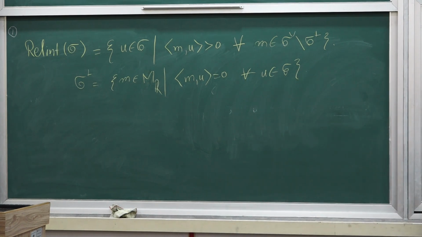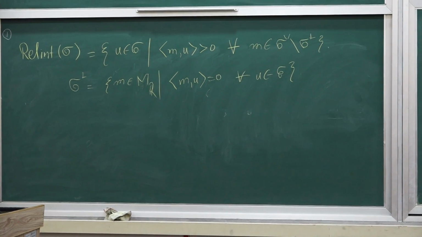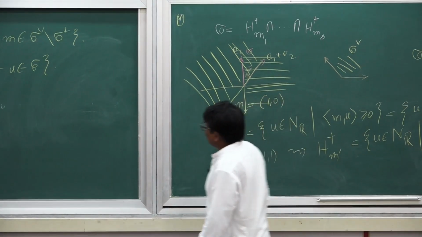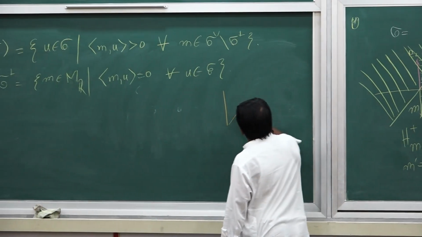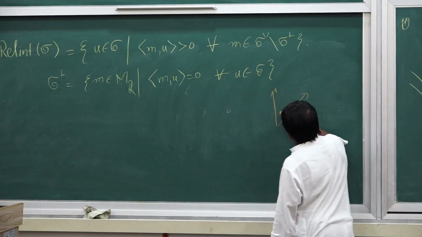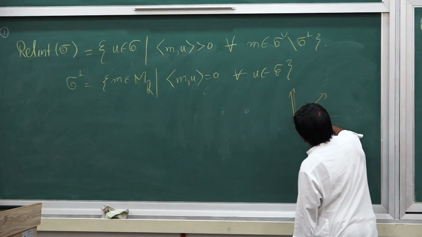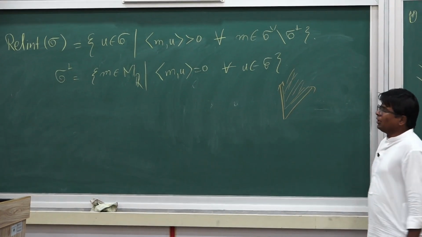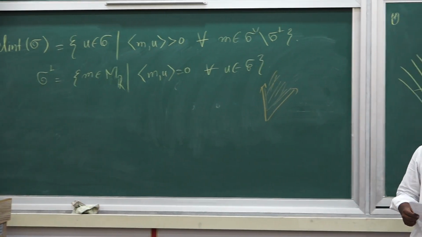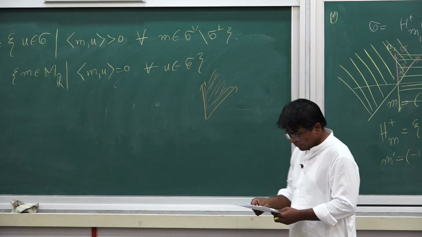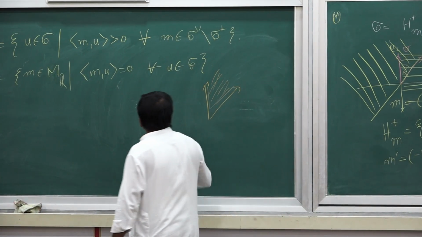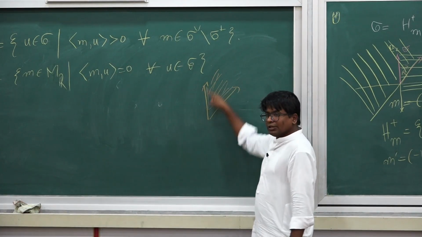Okay. So, in other words, if you have this cone, this is going to precisely represent every point which is here in the interior, except the edges.